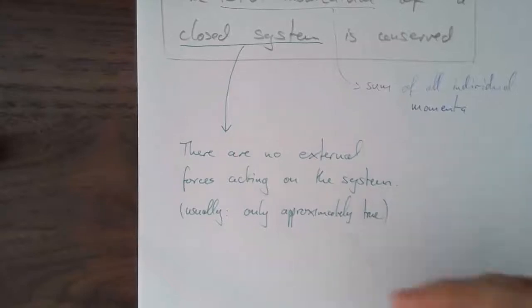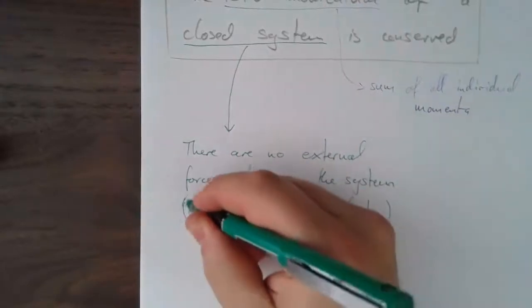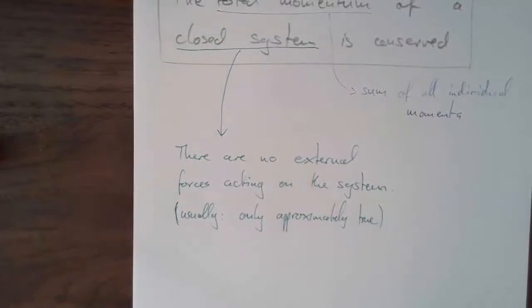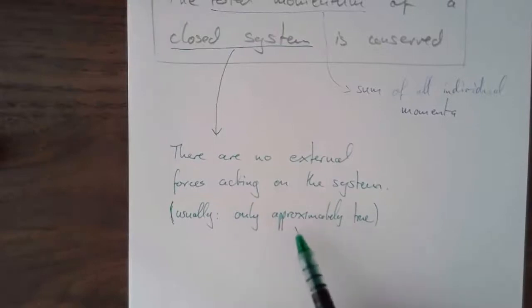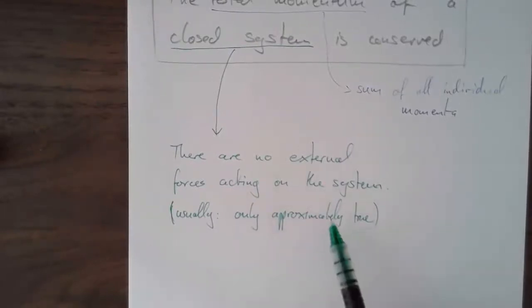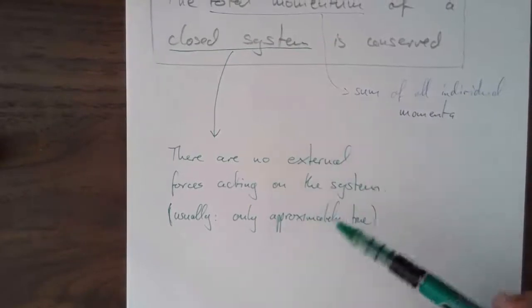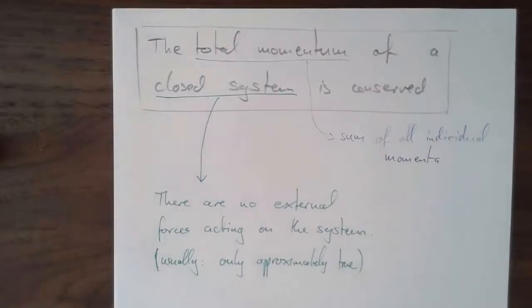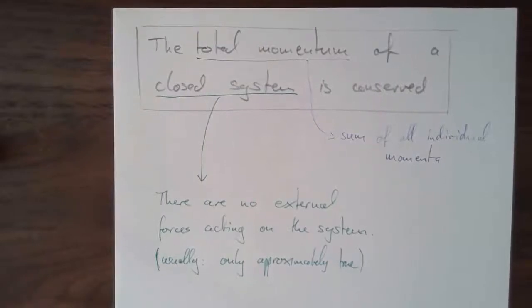But that force is very small compared to the violent forces of the collision interaction itself. So it's approximately true. Those other forces are very small in comparison. You can kind of throw them by the wayside. But technically speaking, they're there. So total momentum is conserved. In practice, we often only have a very good approximation to that kind of scenario.